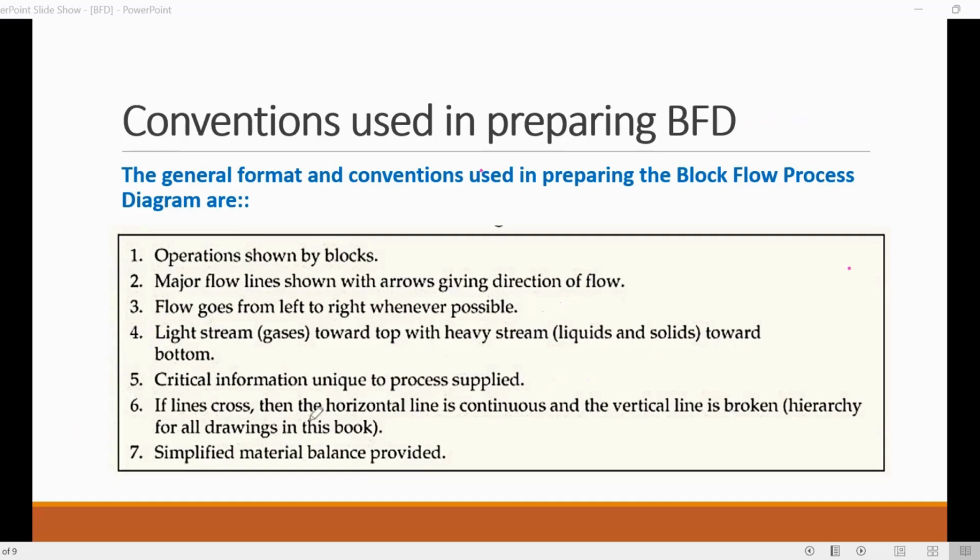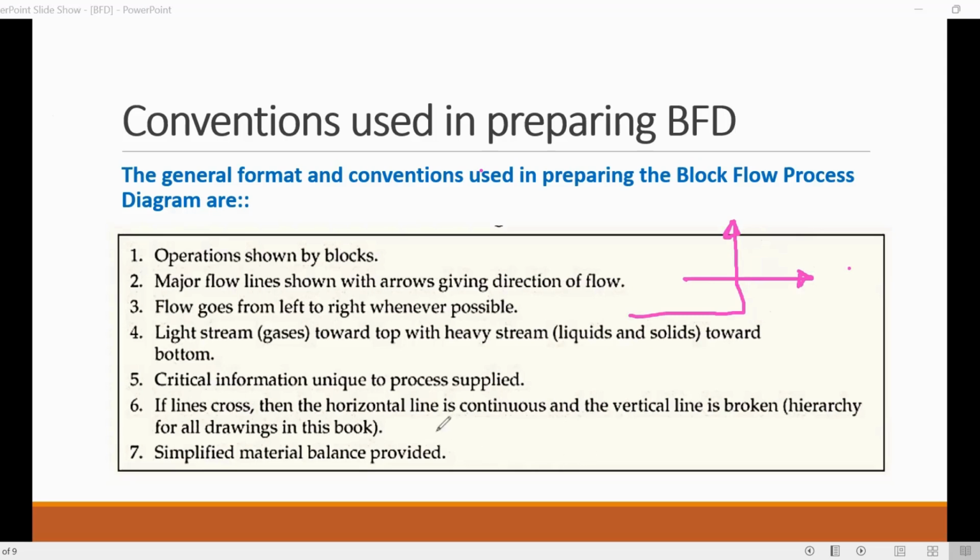If the lines cross, that means a horizontal line and a vertical line, suppose one stream is going like this and another stream is coming and has to pass through, then in a block flow diagram we have to show it like this.